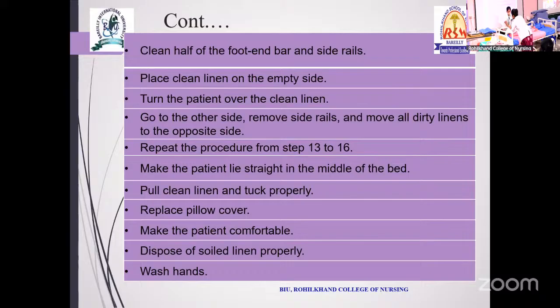Always remove dirty linen and replace it with clean linen without transferring the patient out of bed. Turn the patient onto the clean bed sheet with the help of the assistant, and side rails can help the patient. The dirty linen is always folded in the rolling method, rolled and discarded in the laundry bag.